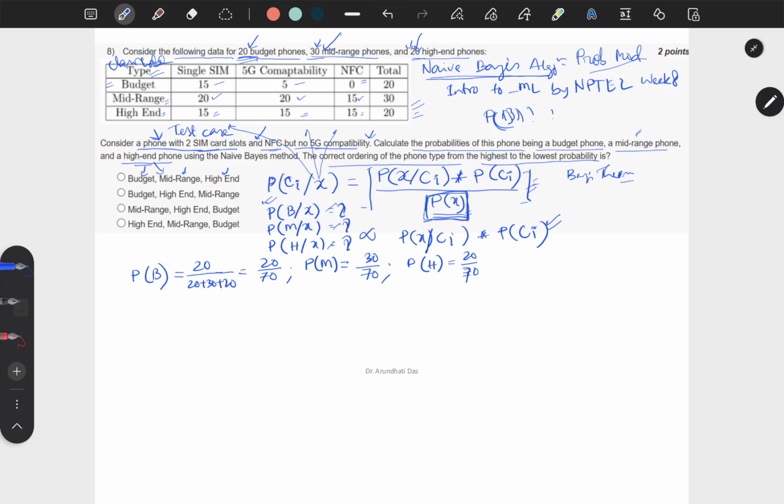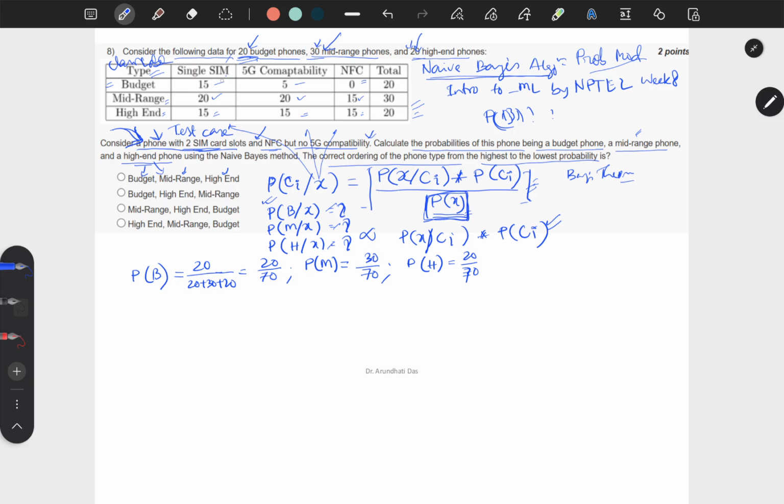Now, we need to find out the answer. We need to focus on what is asked in the question, what is the test case. Here the test case is having 2 SIM card. The feature that is given to us is single SIM. That means few of the phones are having single SIM, few are not.